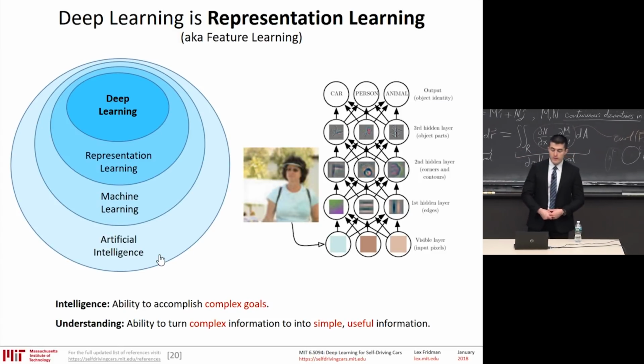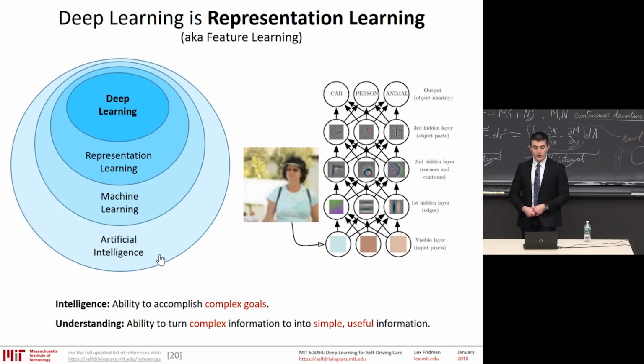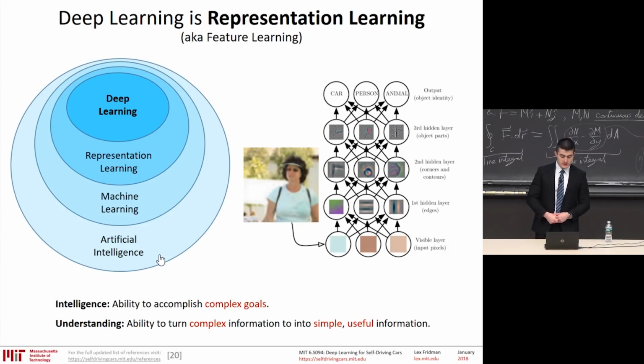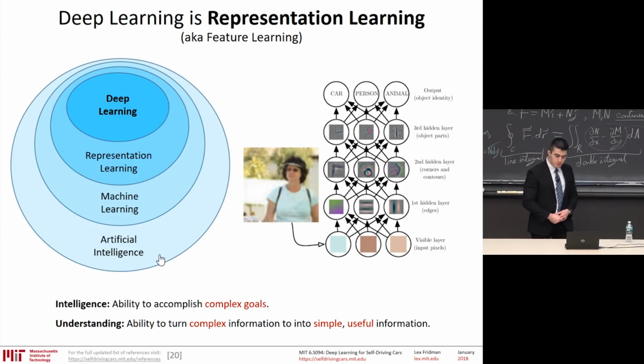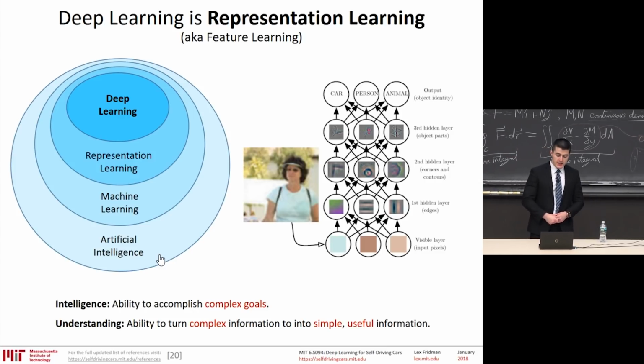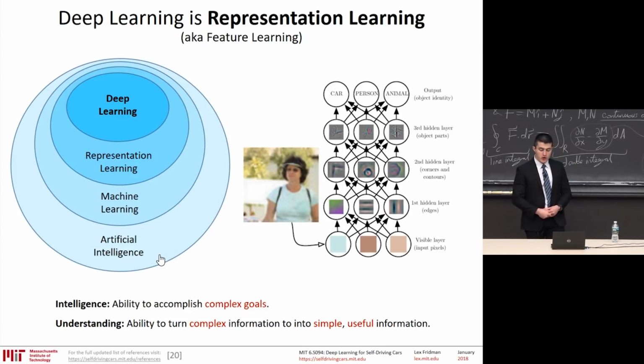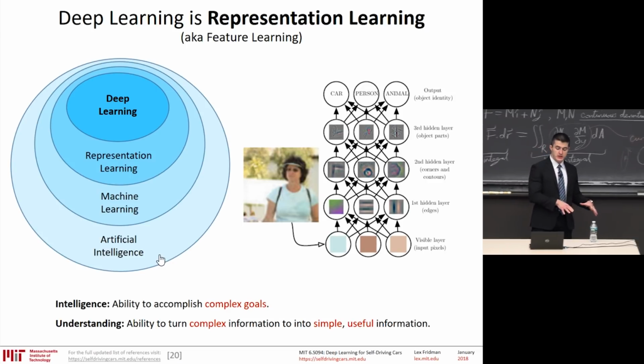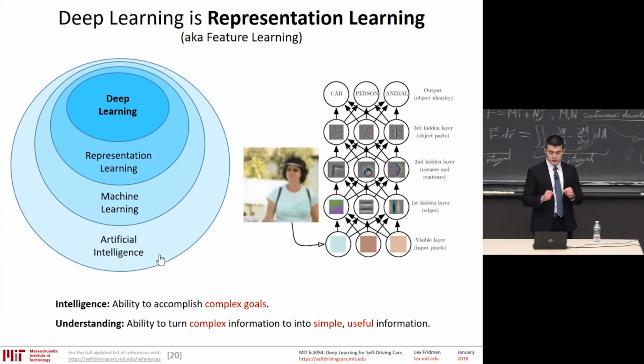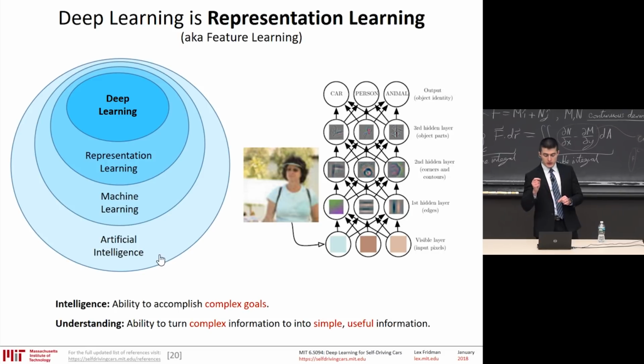And it does so because it's able to learn the representations, as we discussed on Monday. The understanding comes from converting the raw sensory information into simple, useful information based on which the action in this particular state can be taken in the same exact way.